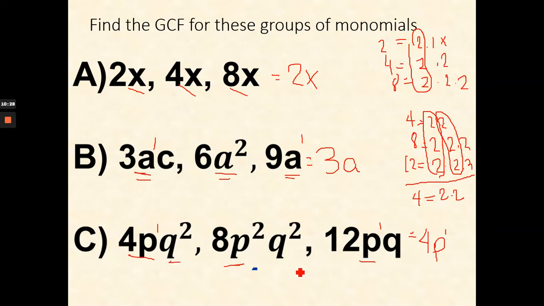The exponent here is 2, here is 2, and here is 1. Therefore, we have q raised to 1. Final answer, the greatest common factor of those terms will be 4pq. Okay? So that is the way of identifying the greatest common factor.